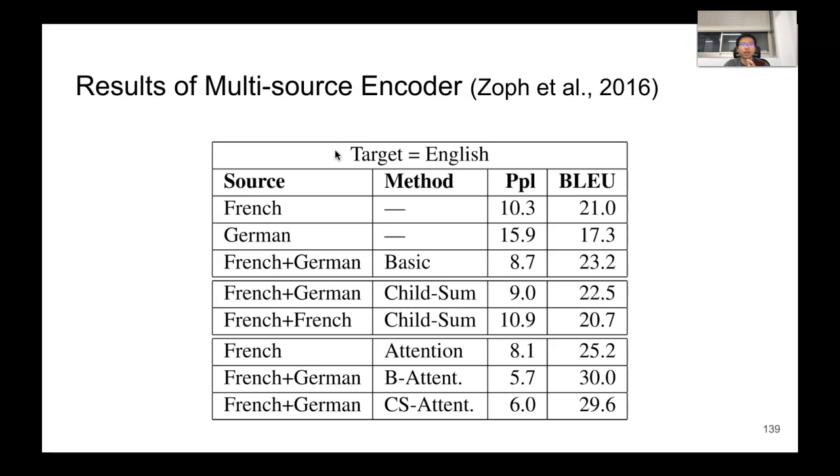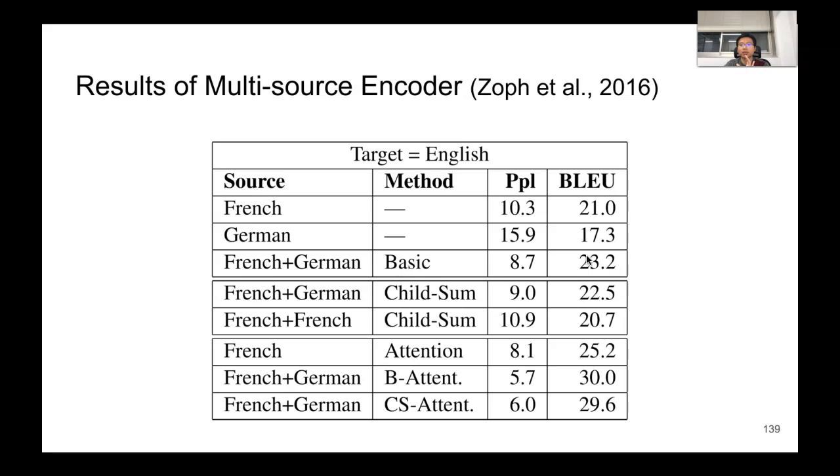Here are the results reported in this paper. We have two systems. The first one just translates using French-English and German-English separately, so not multi-source, just single source. That's their result. And this is by combining them, using the multi-source method.